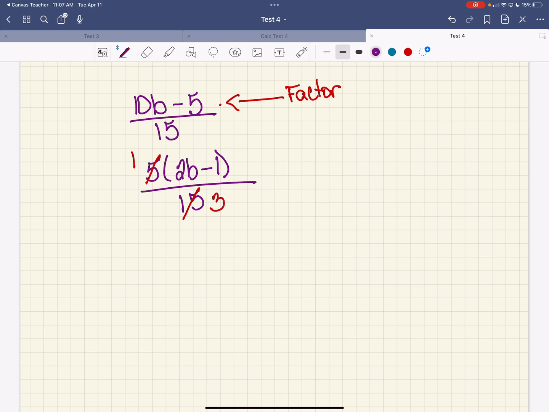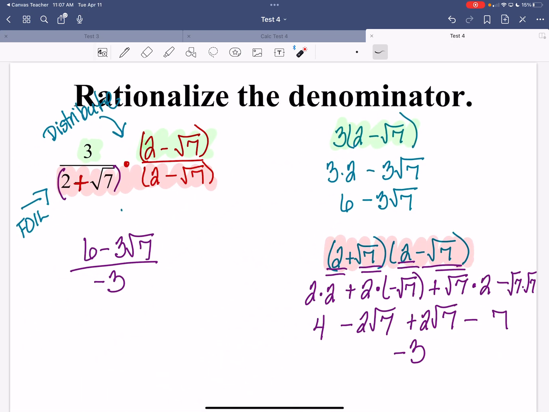So then my answer to this is going to be 2b minus 1 over 3. Okay? But I have to factor this. I've got to factor out the GCF. And students forget to do that. They just want to cancel this right here, and you can't do that. Okay?